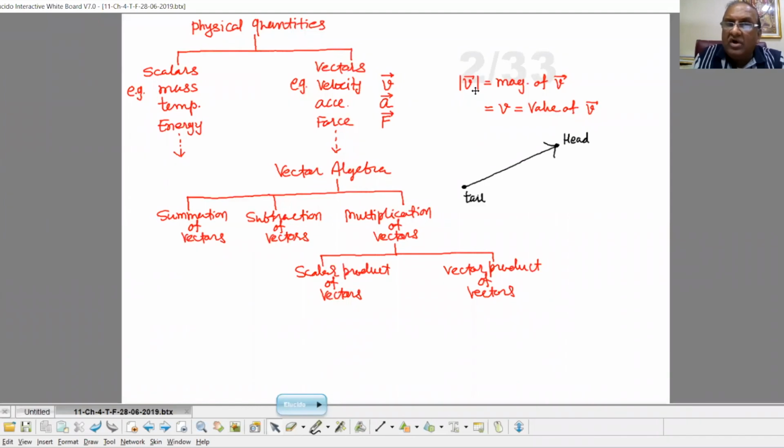Then magnitude or the value of a physical quantity is symbolically represented by its symbol in mod. So when the symbol of the vector physical quantity is placed in the mod, then we can say that is the magnitude of that vector physical quantity. Or simply, without the arrow, the symbol represents the magnitude of that physical quantity, or simply value of that physical quantity.